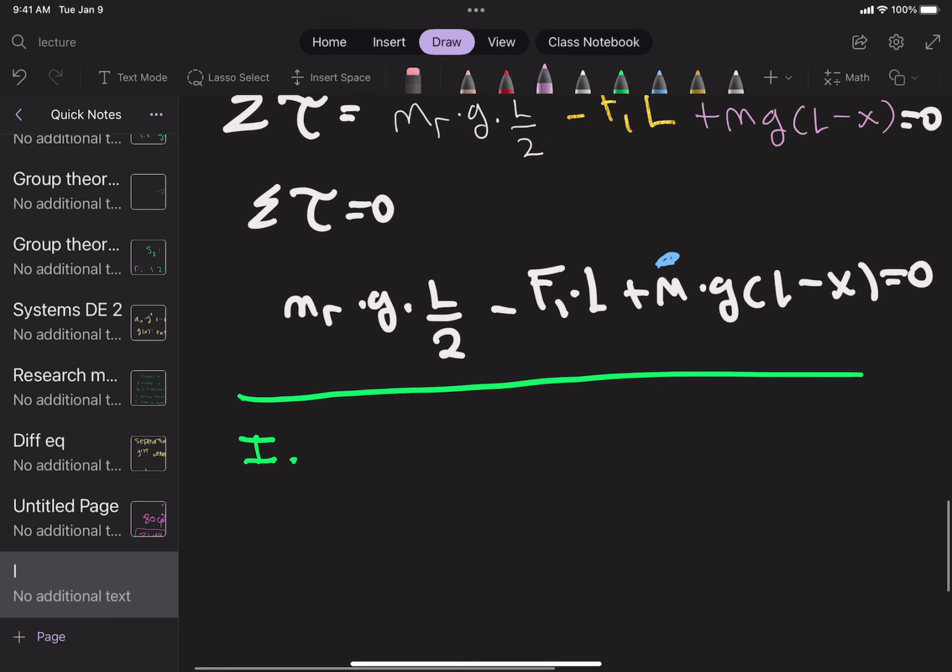So in part 1 of today's experiment, you're going to keep the mass constant, and you're going to vary the distance x.